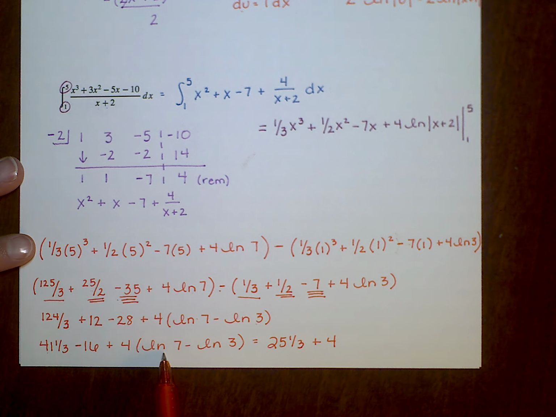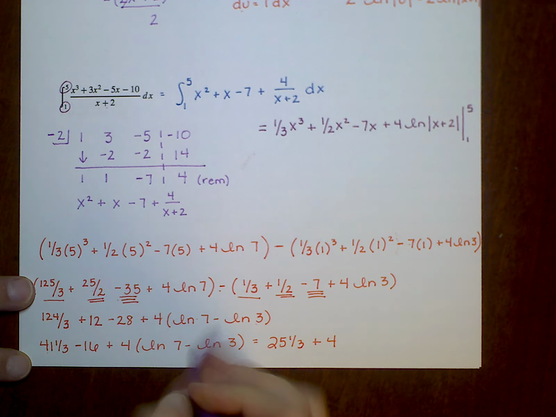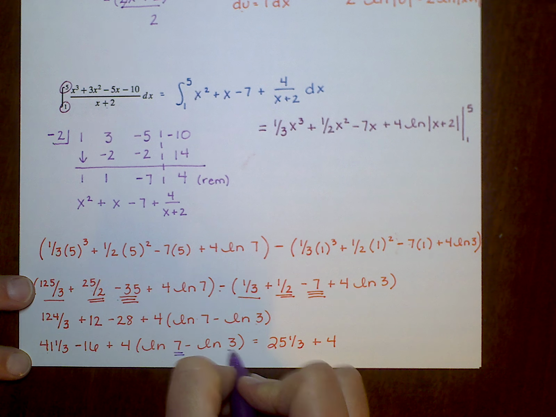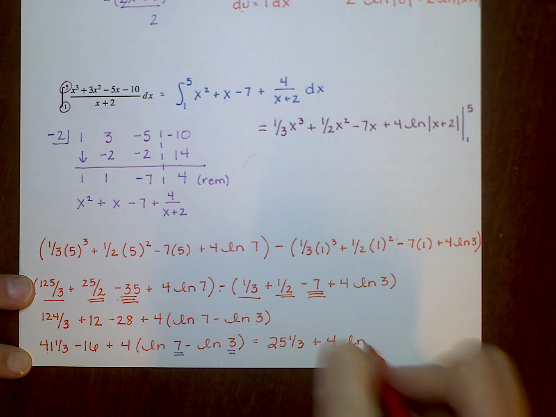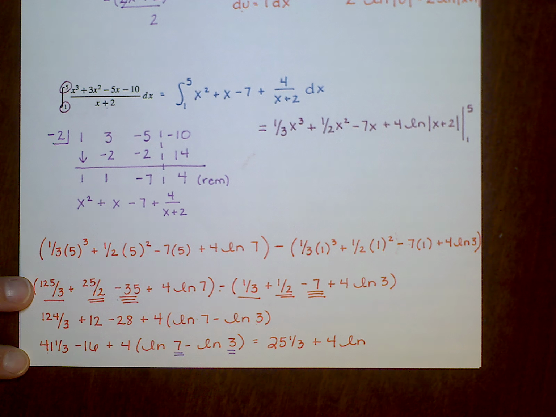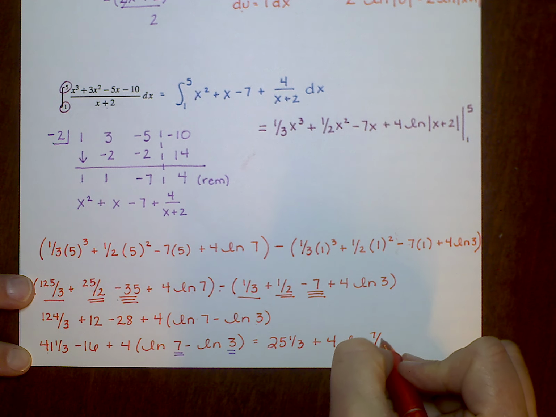I want to remind you about something about logarithms that you should remember from last year. When you're subtracting logarithms, these two numbers can combine. So we can make this just a single log. We can just make this natural log of one thing. And that one thing depends on how you're connecting these. Well, if this is subtraction, I'm going to combine those numbers over here with division. So this would be 7 over 3.